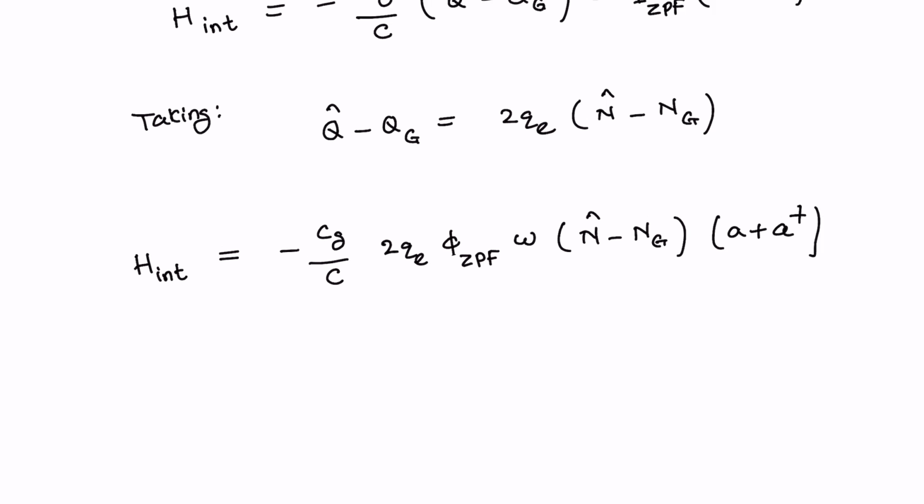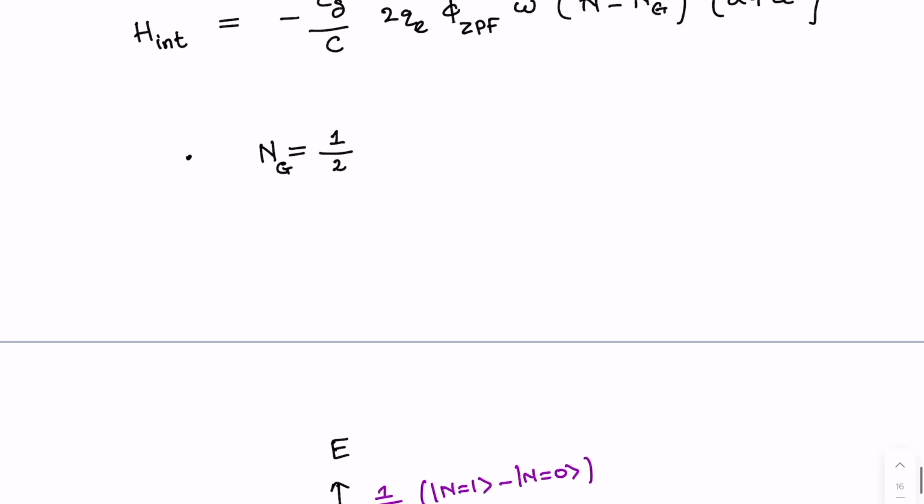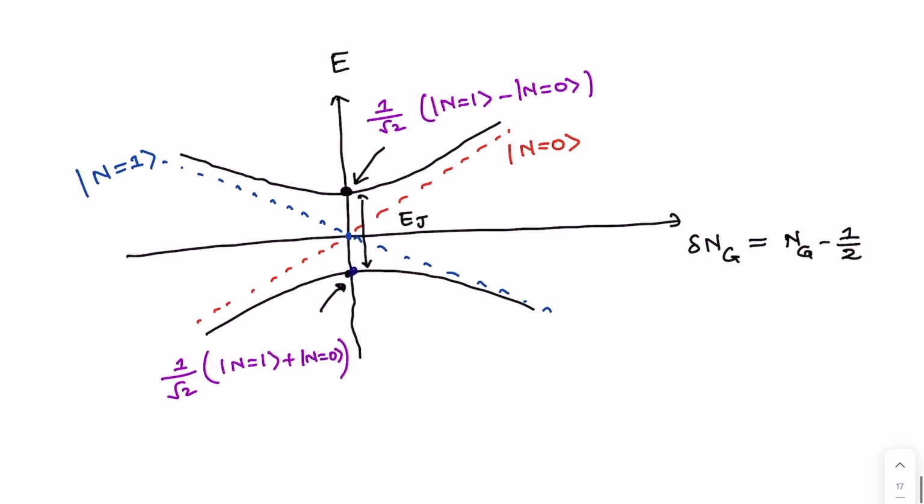Now, in order to obtain a two-level quantum system out of this Cooper pair box, we need to focus around ng equal to 1/2, and we have already had a discussion about this issue earlier, and you are pretty familiar with this particular plot.